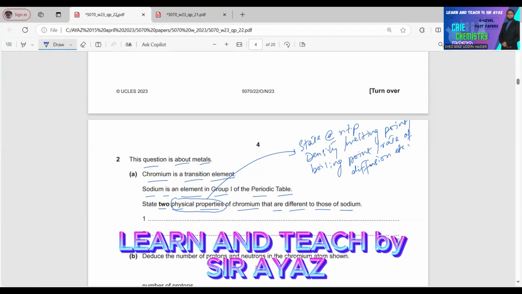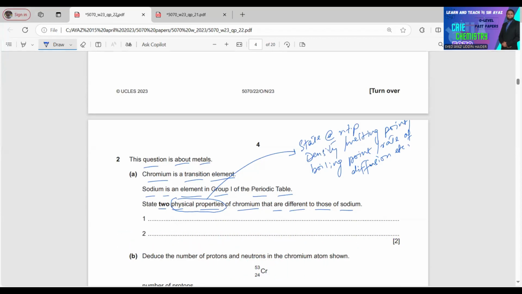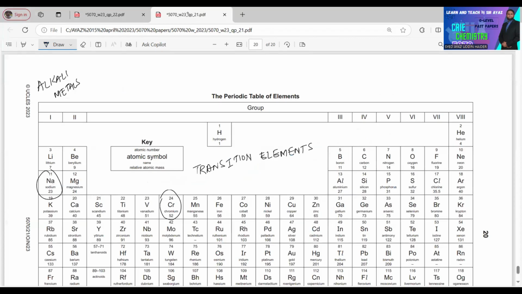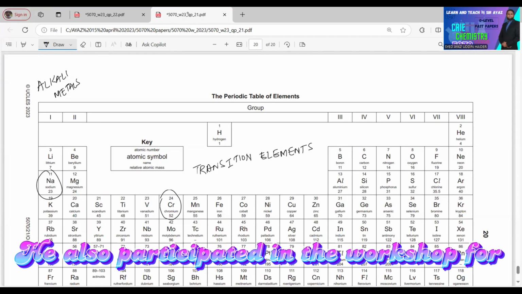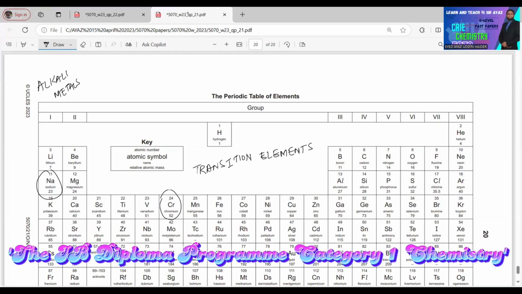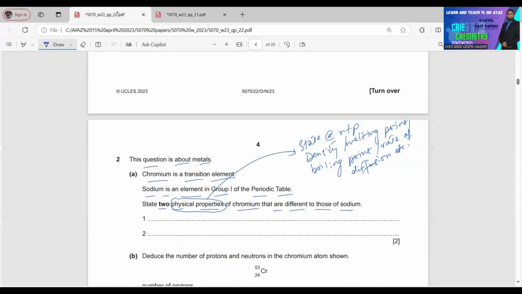So what they are saying is two physical properties of chromium that are different to those of sodium. Sodium belongs to group 1, which is alkali metals, and you know that alkali metals, they are soft, low melting point, low density, they have less hardness. These are some typical physical properties of alkali metals. On the other hand, transition metals, they are hard, high melting point, high density. So these are some typical properties of transition elements.